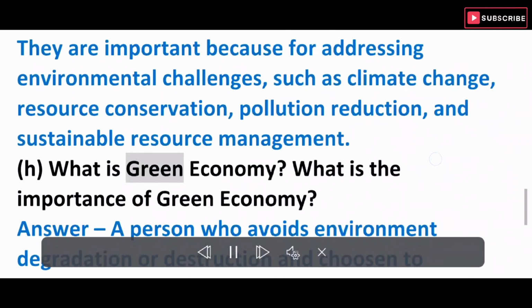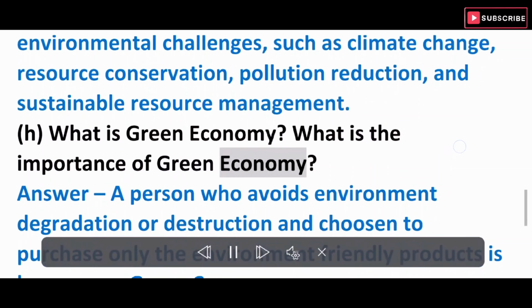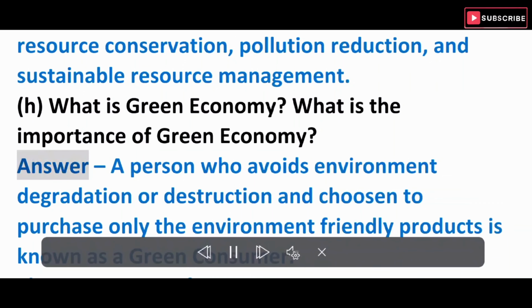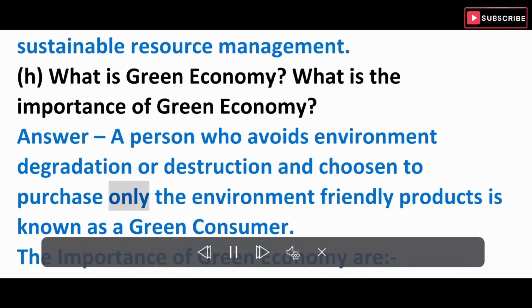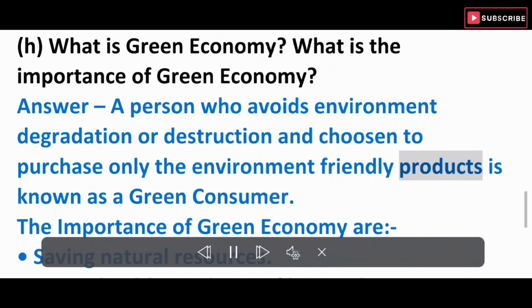H. What is green economy? What is the importance of green economy? Answer. A person who avoids environment degradation or destruction and chooses to purchase only the environment-friendly products is known as a green consumer.